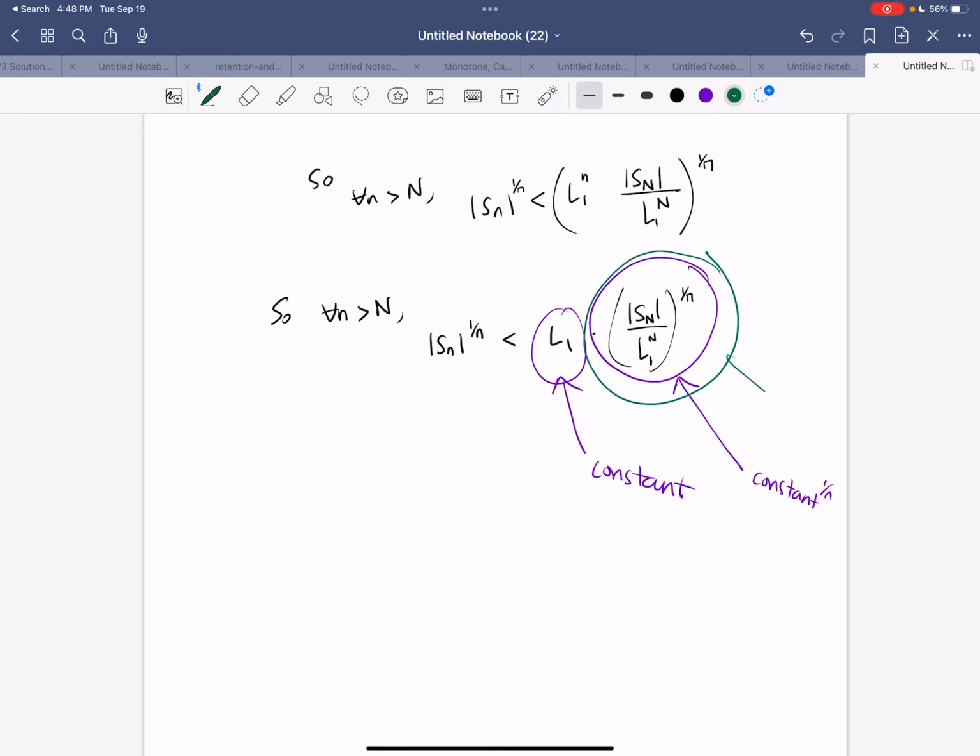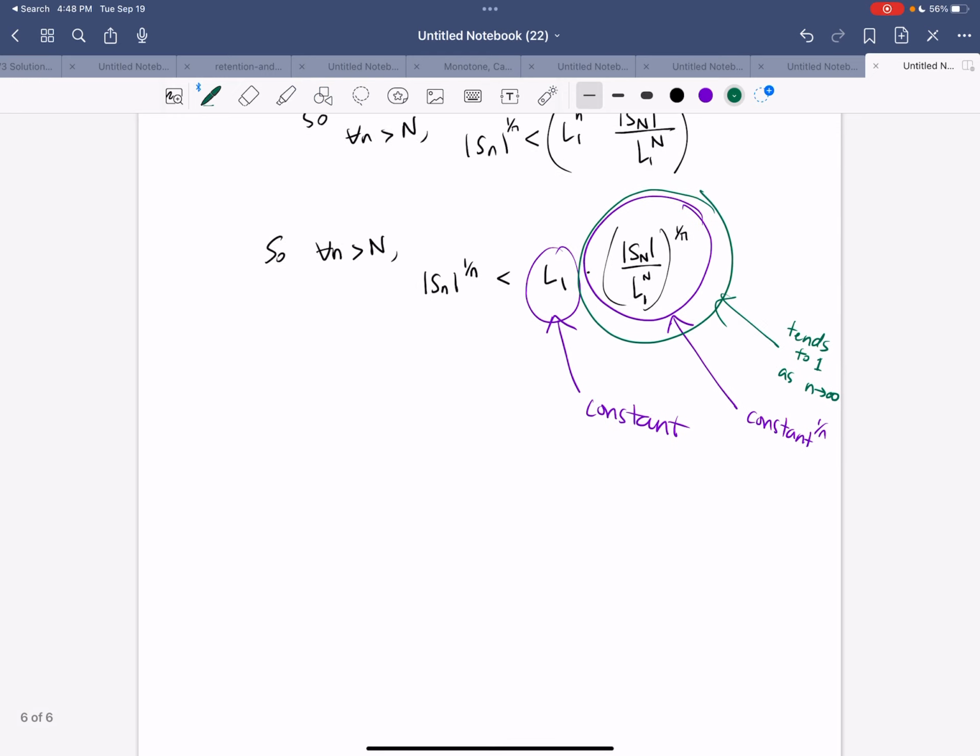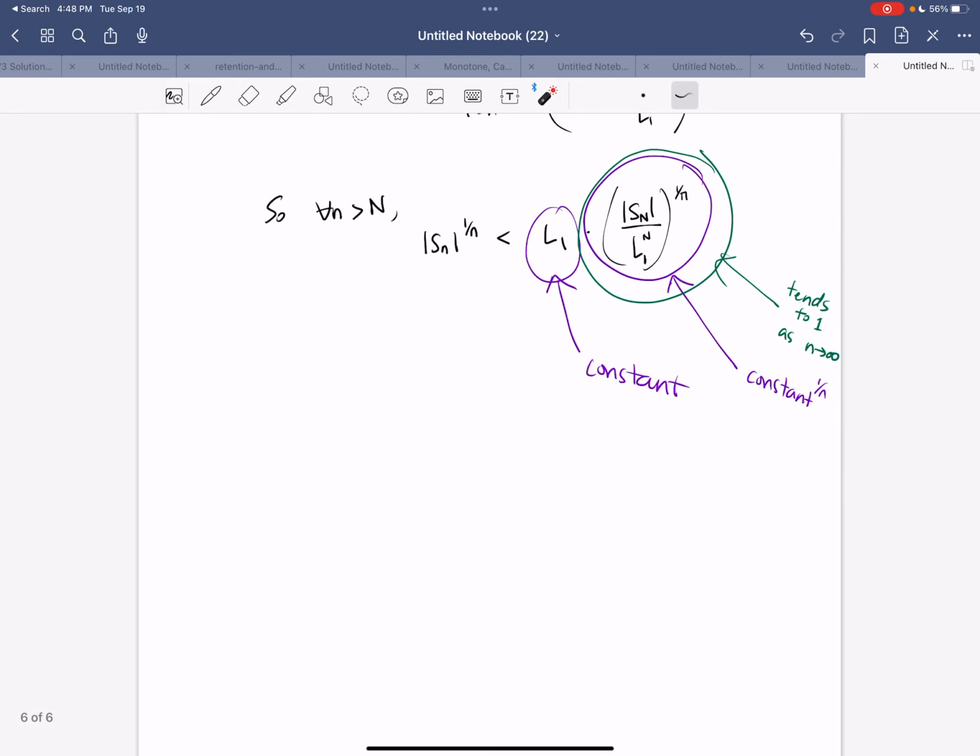So this term right here tends to 1 as little n goes to infinity. Okay. So there's this big N such that for all little n, I have this inequality.